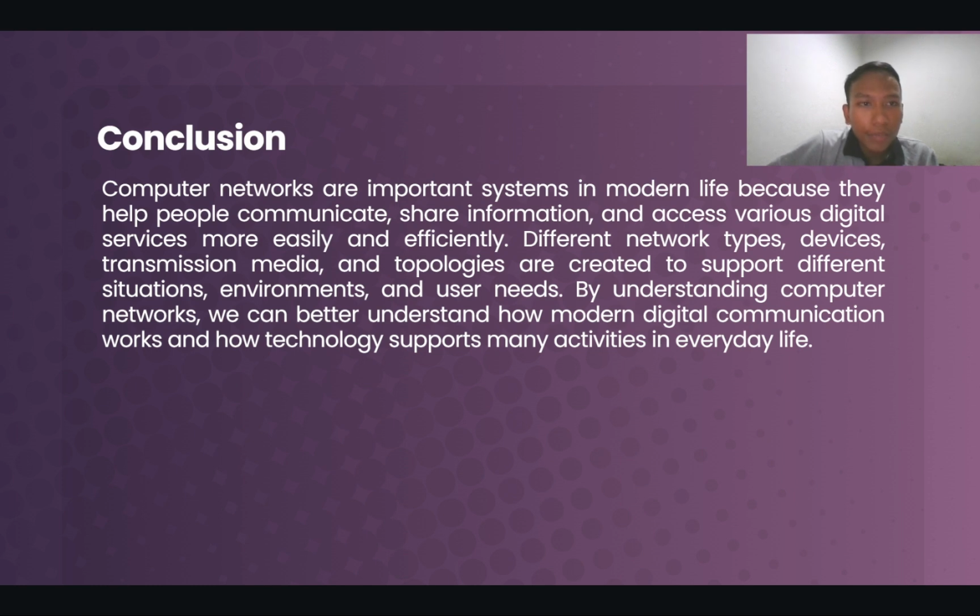Different network types, devices, transmission media, and topologies are created to support different situations, environments, and user needs. By understanding computer networks, we can better understand how modern digital communication works and how technology supports many activities in the everyday life of people.